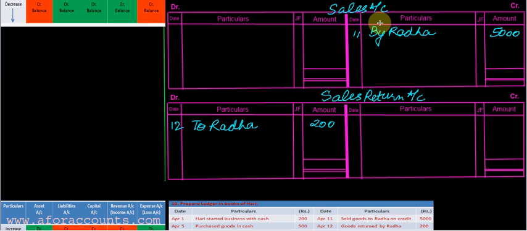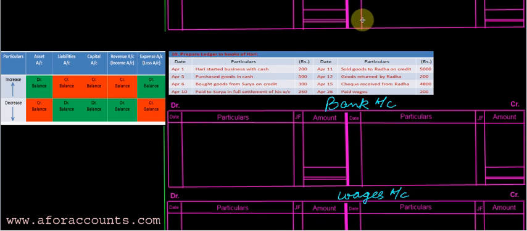So bank account needs to be put in bank account debit to Radha. How much? 4800, and the date is 15th. Now let's go to Radha's account.